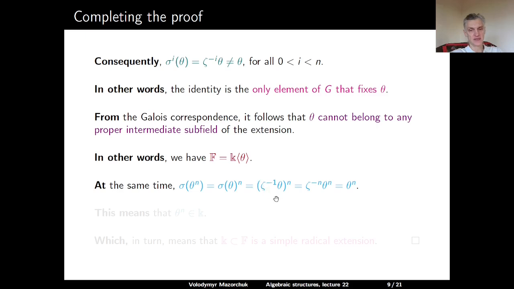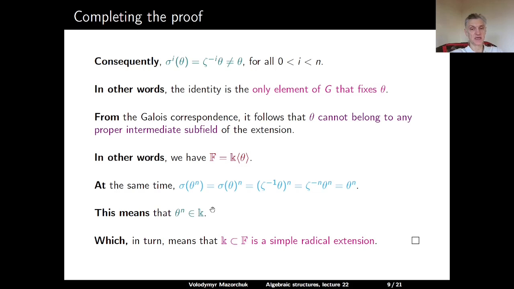This is equal to zeta to the power minus 1 theta to the power n, which is equal to zeta to the power minus n times theta to the power n. And since zeta is a primitive nth root of unity, zeta to the power minus n is the identity, so we get theta to the power n. And this means that theta to the power n belongs to K, because it is fixed by all elements of G. And this means exactly that our extension is a simple radical extension.